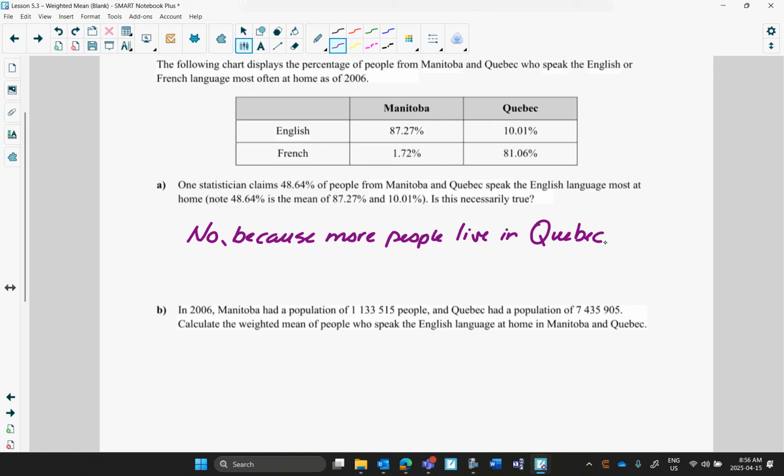So we need the populations if we want a better representation of the average.